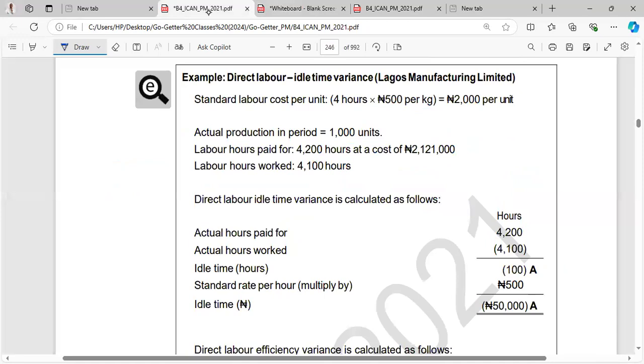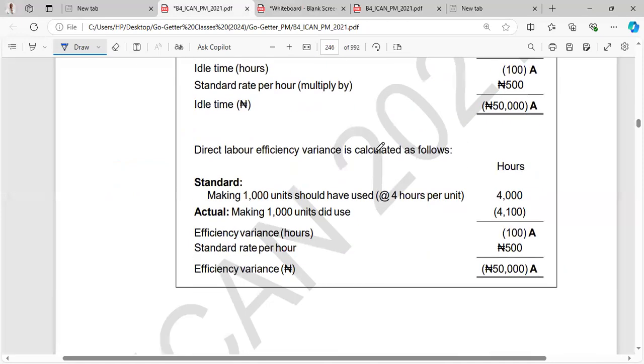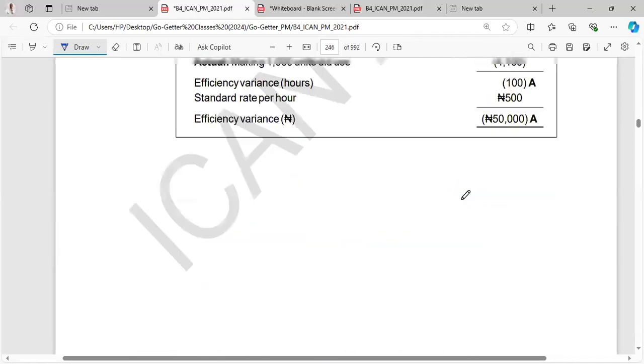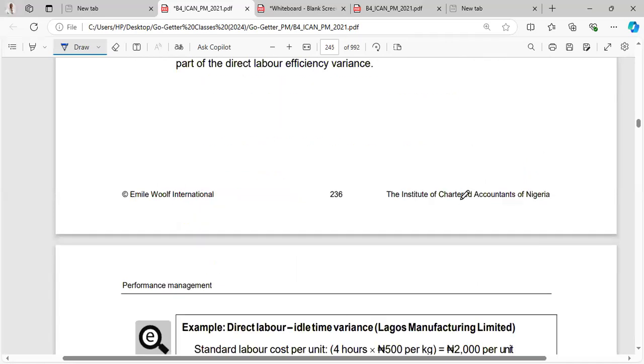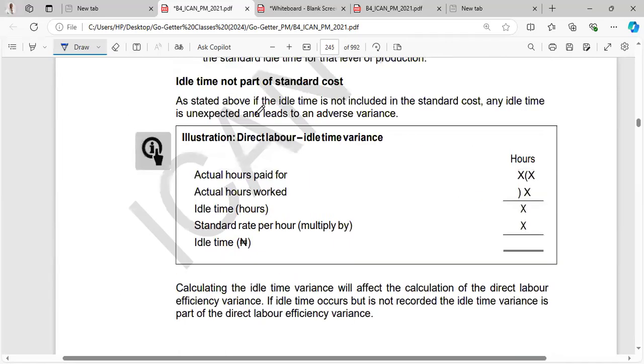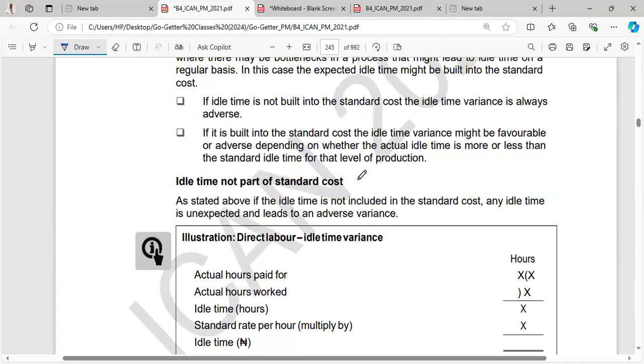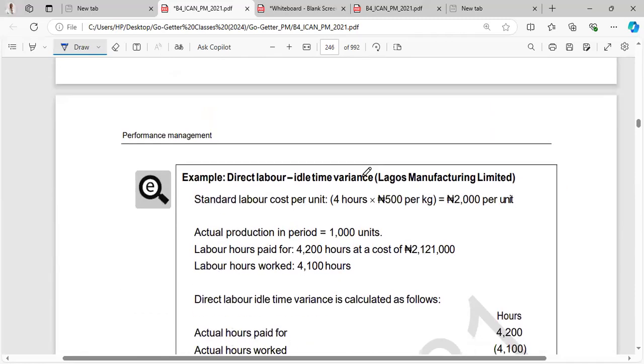Then they say here again, adverse idle time is not part of the standard time.